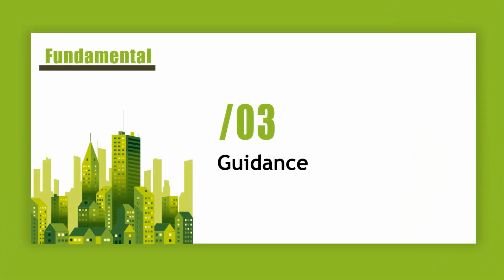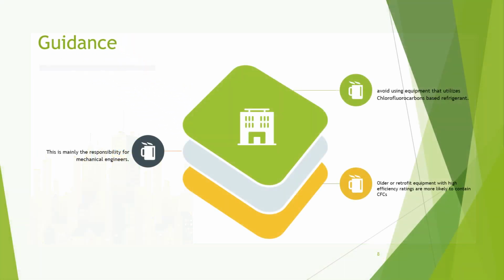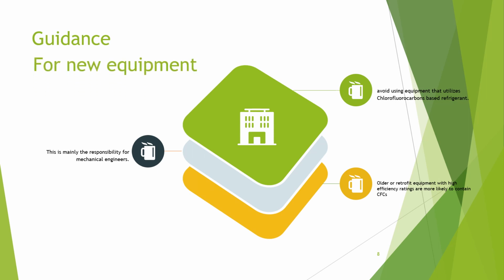We will move on to steps to achieve basic refrigerant management. First, we need to know the guidance for new equipment. The approach for the installation of new equipment to earn this credit is pretty straightforward. We should try our best to avoid the use of CFC in new equipment.